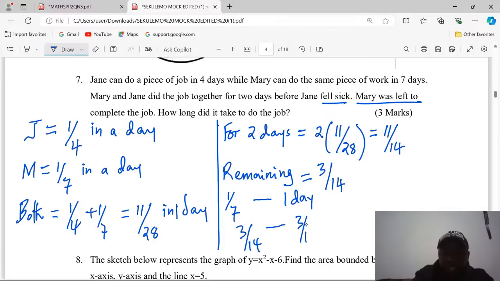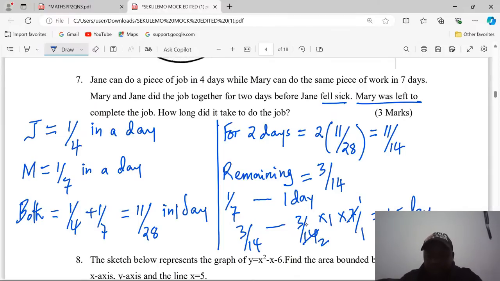So 3/14 divided by a seventh means times 7/1. By 7 we can have 1, and by 7 we can have 2, and this shall be 1.5 days. So she's going to do the work for 1.5 days, but we are told to find how long it took to do the job.